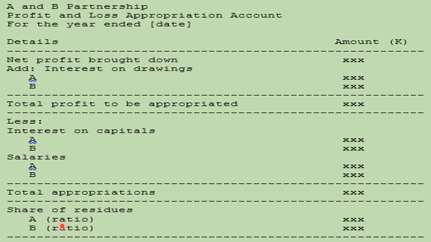Now you go to share of the profit, which depends on the ratios. So we're going to do the given ratio of partner A times the capital of partner A, you get this, and the given ratio of partner B times the capital of partner B, you get this. So now let's talk a bit about the mathematics that happens here.